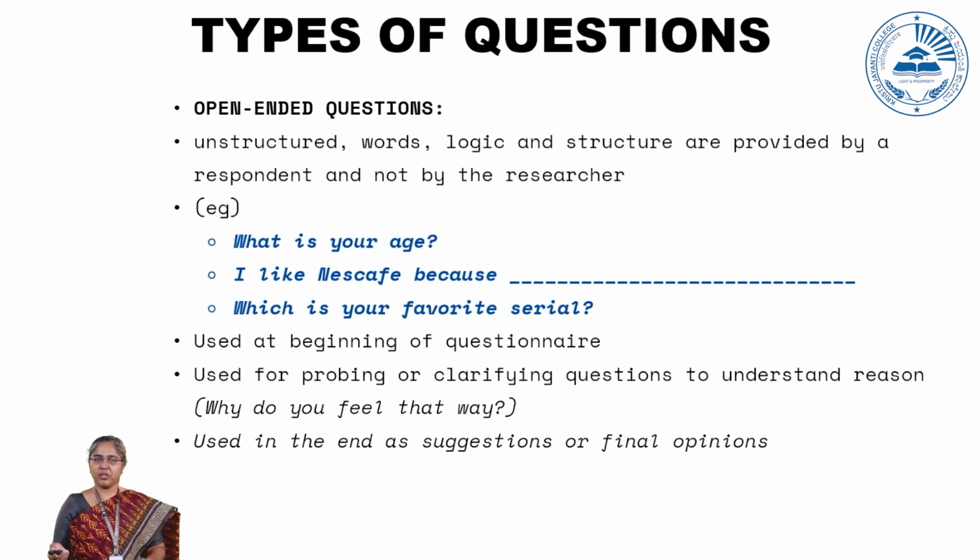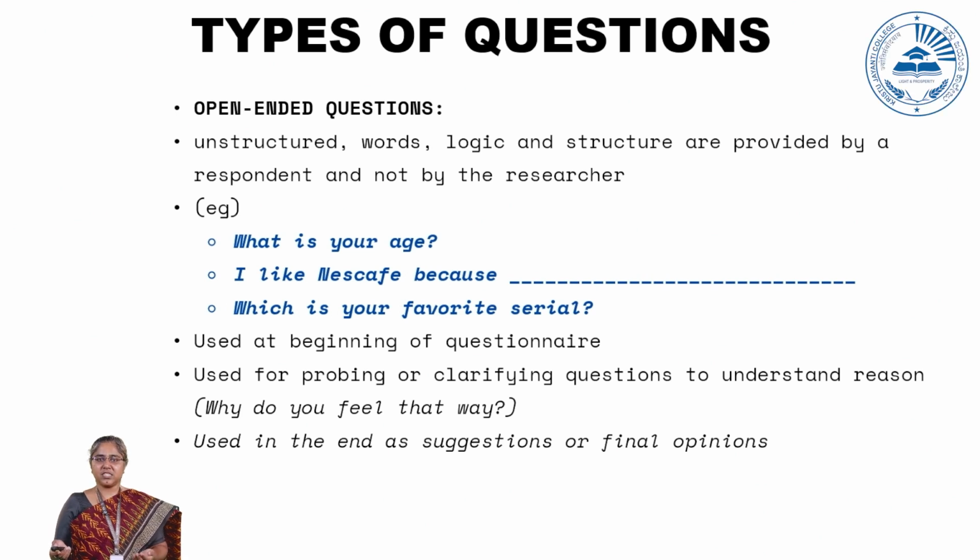First, at the beginning of the questionnaire, wherein you ask them to fill in their basic details, demographic details. The second would be you can use it for probing and getting more understanding about the response that has been given by the respondent. For example, why do you feel that way? Or you want your respondent to elaborate on how or why they feel or say something like this?